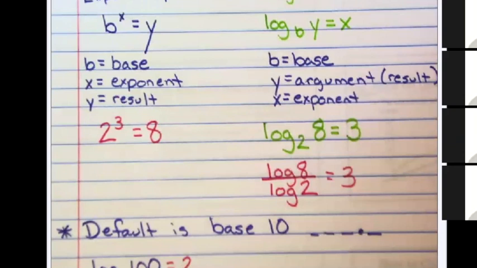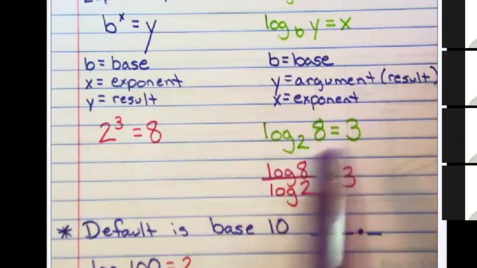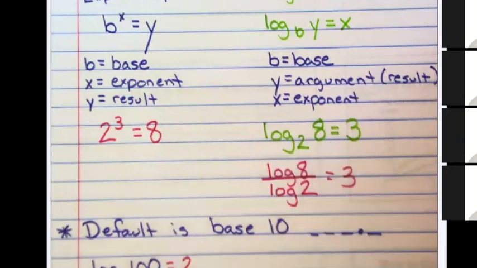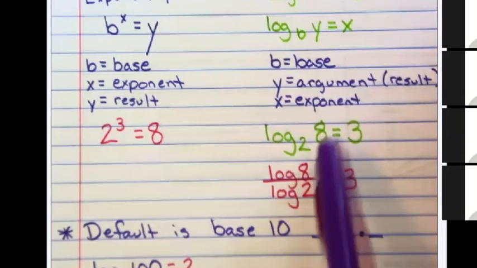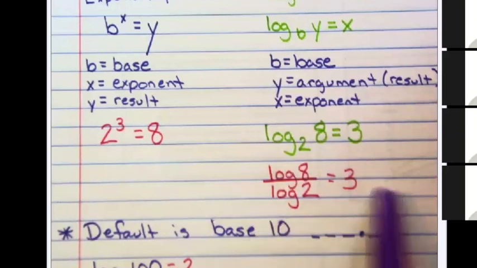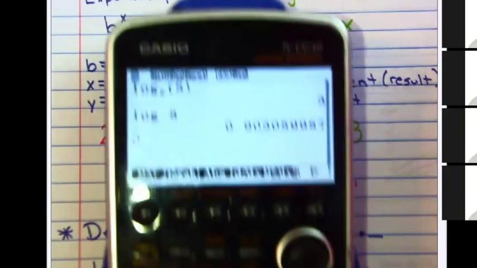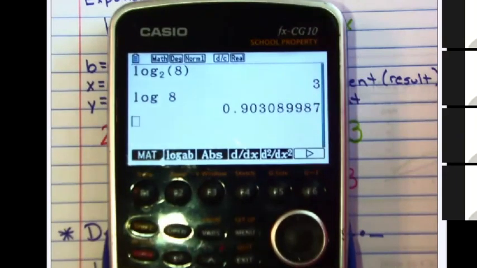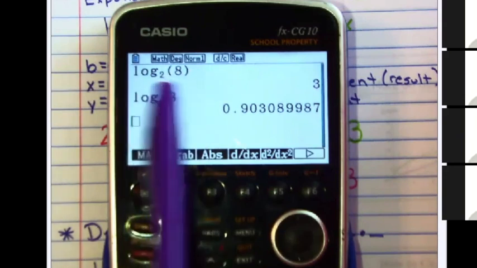Now our calculator, like I said, lets us type this in. We just have to go to math and log AB, and it lets me change that out. But some calculators don't have that option, or some programs don't, and they'll only do things that are base 10. So if we do log of the big number divided by log of the little number, it'll give me that same answer. So let's say I didn't know that I could type it in like this.